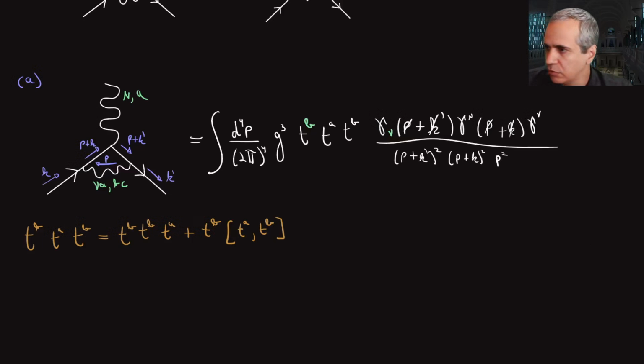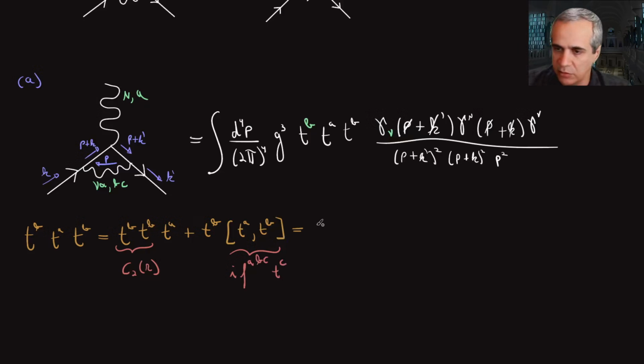Now we know this guy is just C2(R) times the identity, which I multiply here. And this guy is the algebra of the group. It's just f^{ABC} T^C. But we can go further, right?